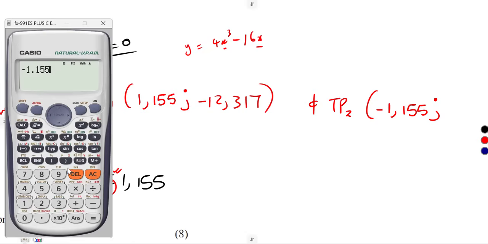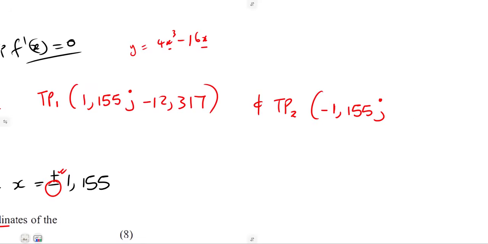Then I go back on top to this expression where a is in our answer. So let me just substitute. It's going to be 12.317. Just like that, so these are the turning points.